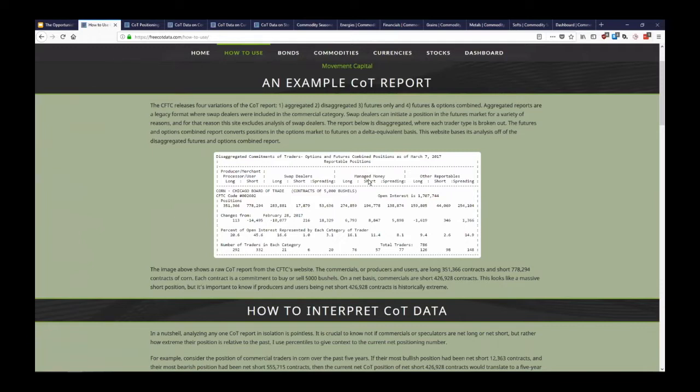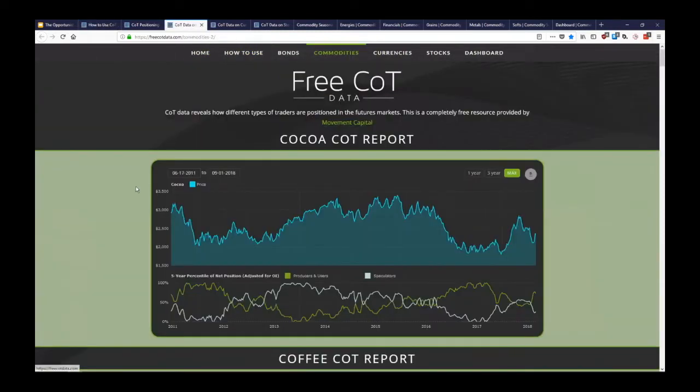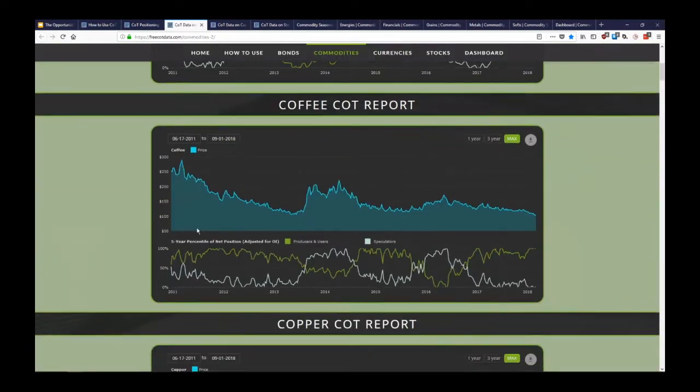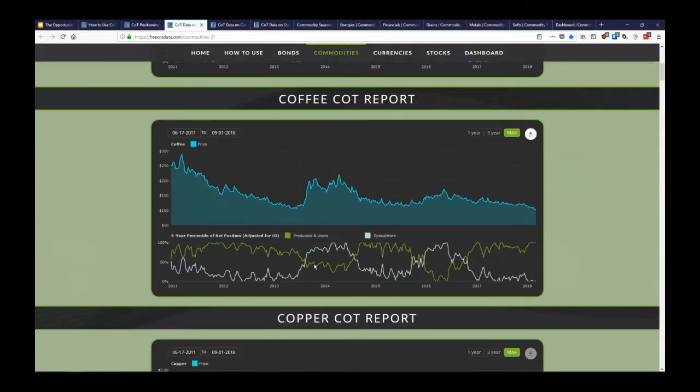And so it's one thing to know net positioning. So in this example image, money managers were net long something like 75,000 contracts of corn. But you need to know if that number is extreme or not relative to the past. And so all I do to give that positioning number context is make a 5-year percentile. And so these lines at the bottom right here, that's the 5-year percentile number, and it's a scale from 0% to 100%.